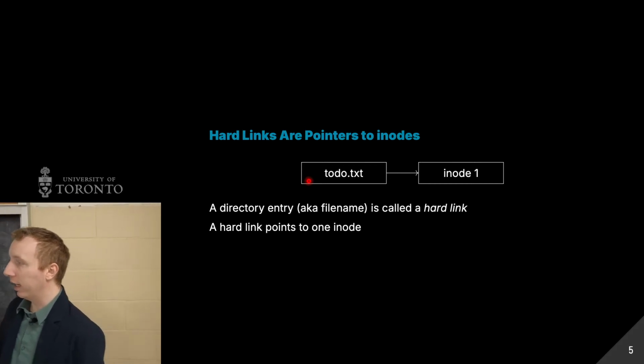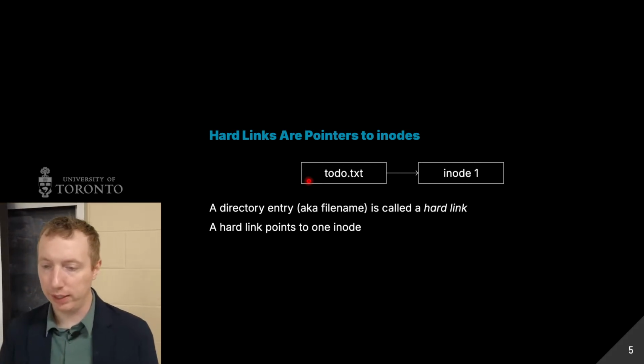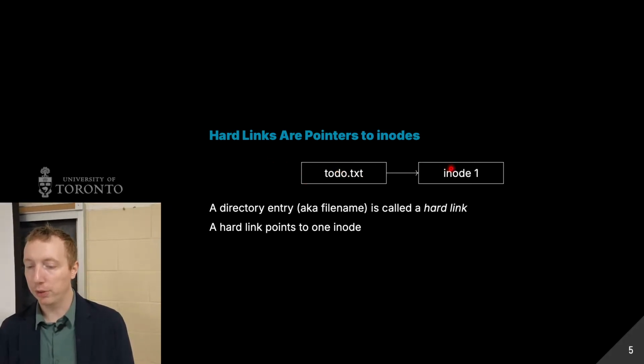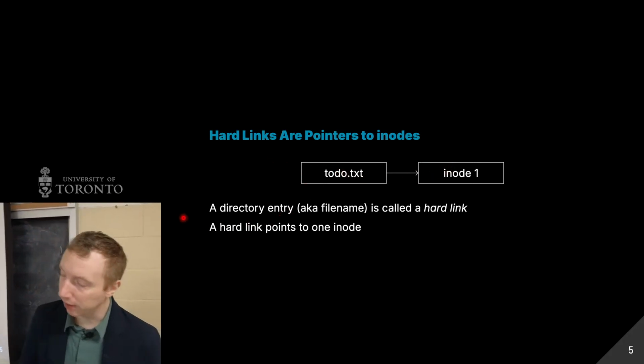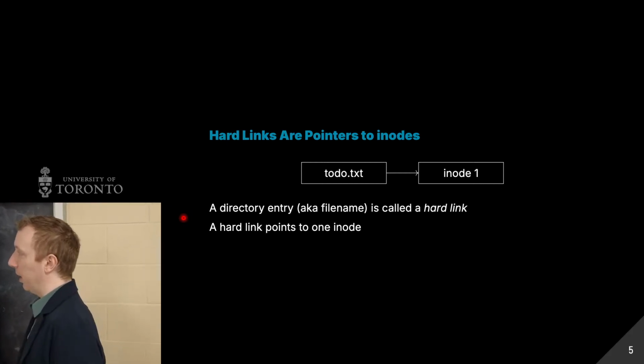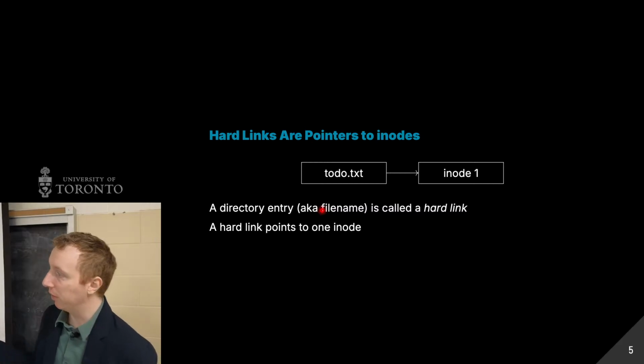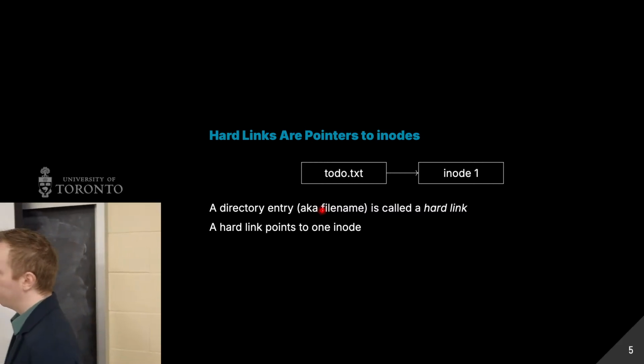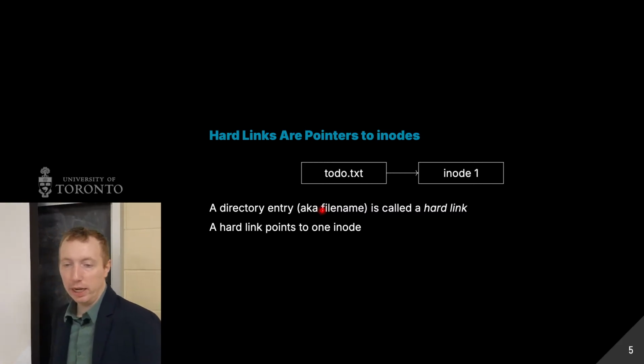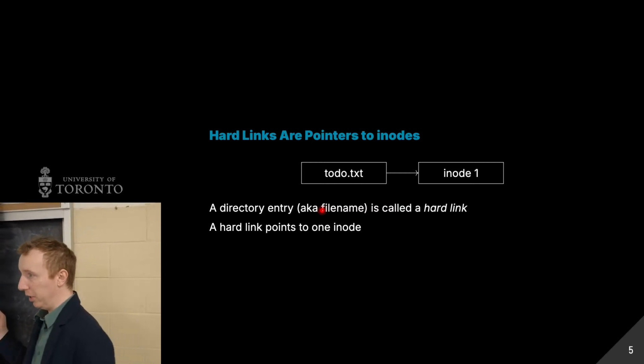You just say, hey, I want to refer to it as to-do.txt. So a hard link is just a pointer to an inode. And this is what is in a directory. So a directory entry, aka a file name, anything in your directory, any file you accessed, is technically called a hard link. And a hard link just points to one inode.